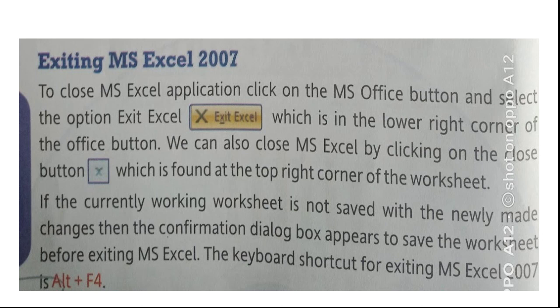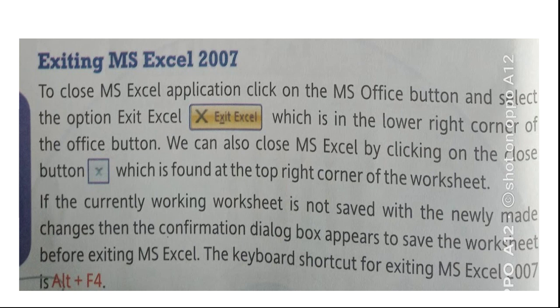There itself this button is also available, in the lower right corner of the Office menu. We can also close MS Excel by clicking on the Close button, which is there in the title bar, at the top right corner of the worksheet.